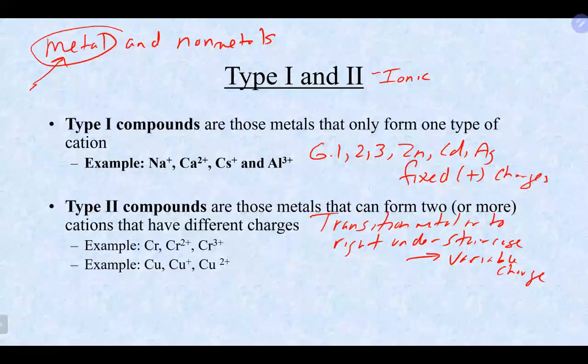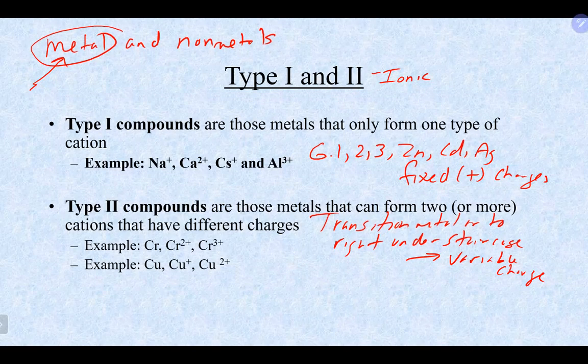Same thing with chromium, for example, it could be +2 or +3. Kind of depends on the situation. So whenever a metal's involved, that is always the thing that you should look at. It is always the thing that will allow you to figure out how you should go about naming it. The non-metal is not really important in terms of the naming part of it. It is really dominated by the metal being the most important.